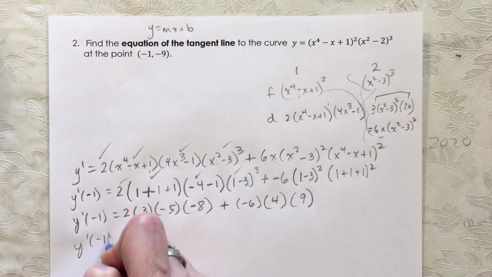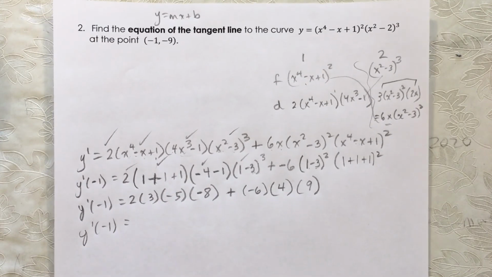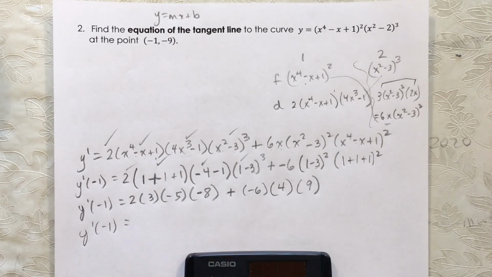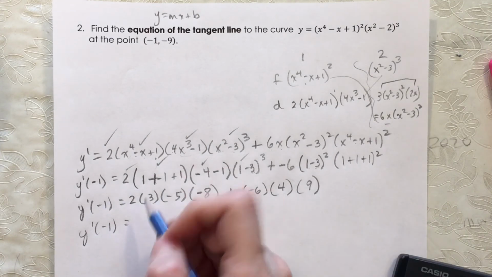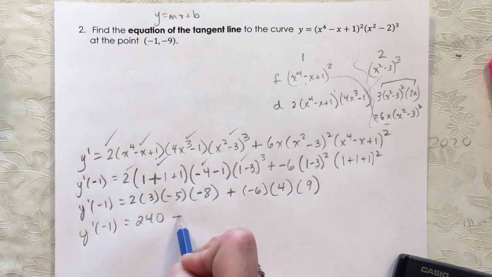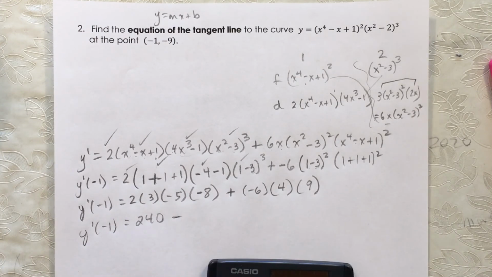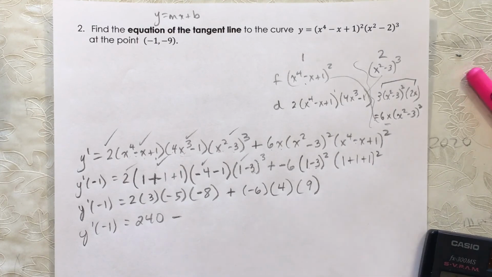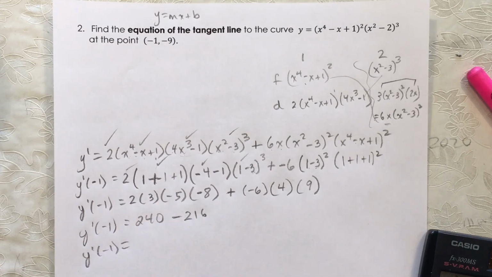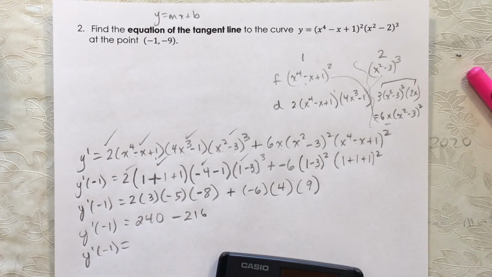So y prime at negative 1 is going to be 2 times 3 times negative 5 times negative 8, which is 240. And then this is going to end up being negative 216. So y prime at negative 1 is 240 minus 216, which is 24.